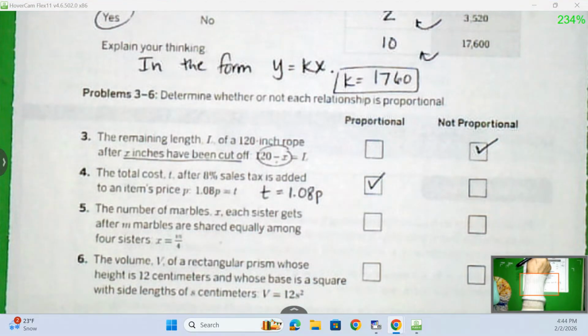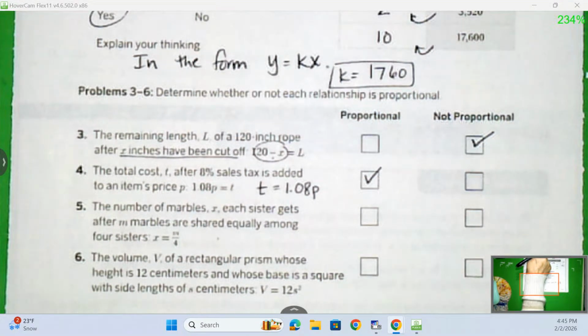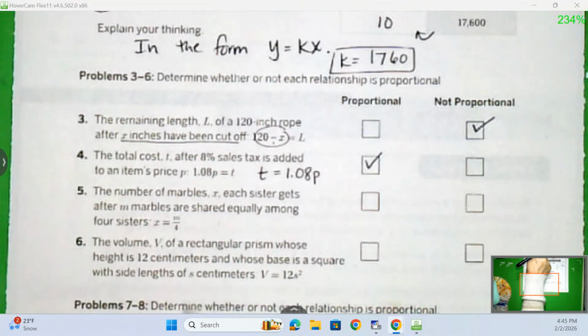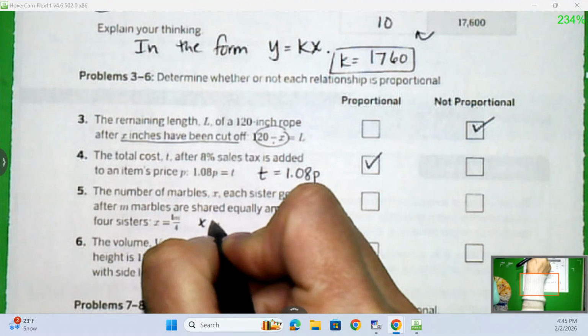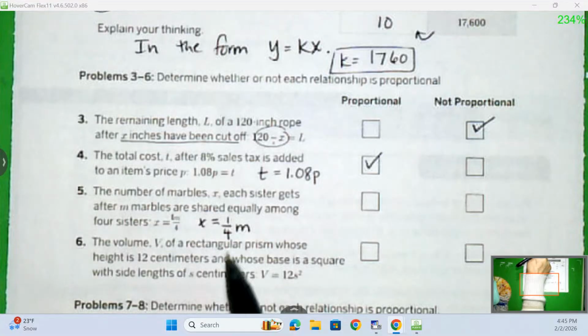The number of marbles, x, each sister gets after m marbles are shared equally among 4 sisters is x equals m over 4. So I could put a 1 in front of the m here. So x is equal to 1/4 m. That is proportional. Your k in this case is a fraction, 1/4.